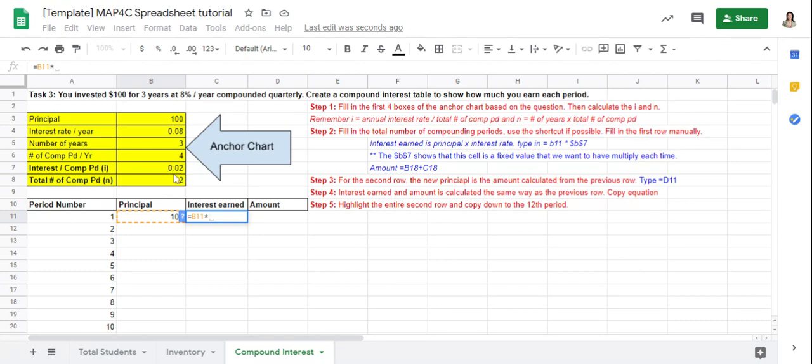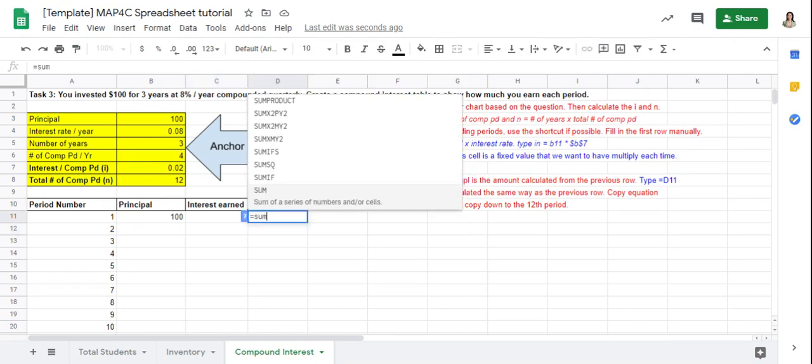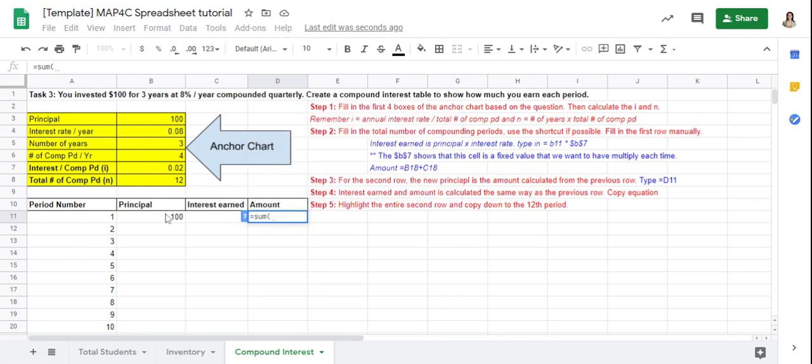And since for every equation in this column to be multiplied by this cell, I need to put the $ sign. $B, $7. This just tells the computer that it is a fixed number, and I'm always going to be multiplying by 0.02. Now our total amount earned is going to be the sum of these 2 numbers.